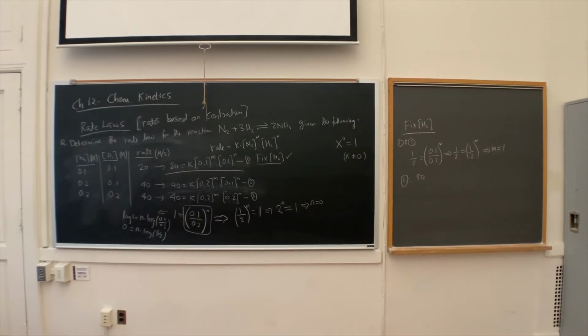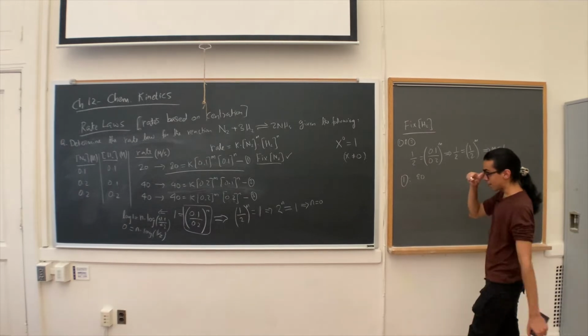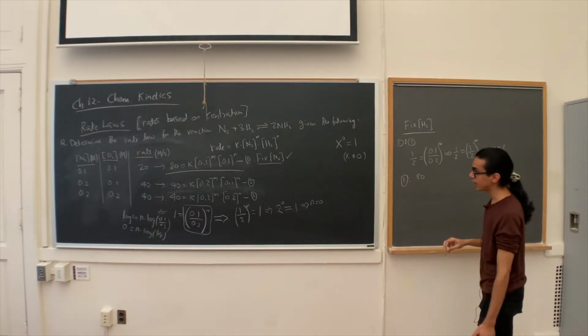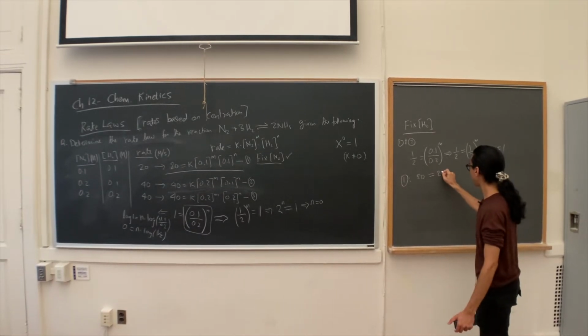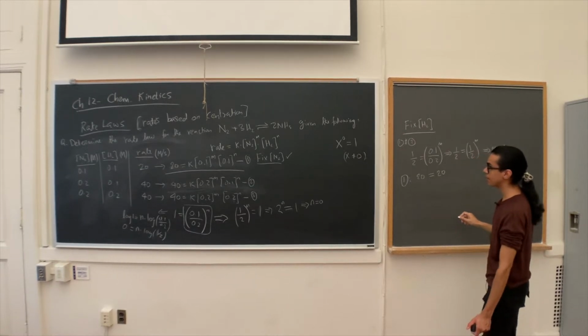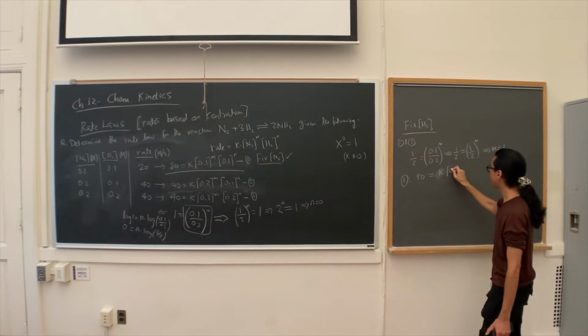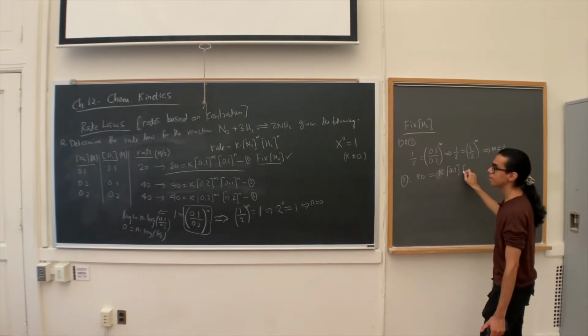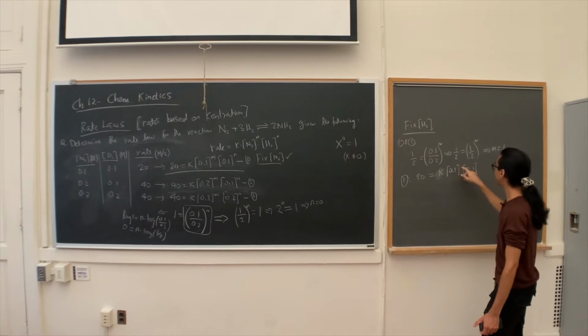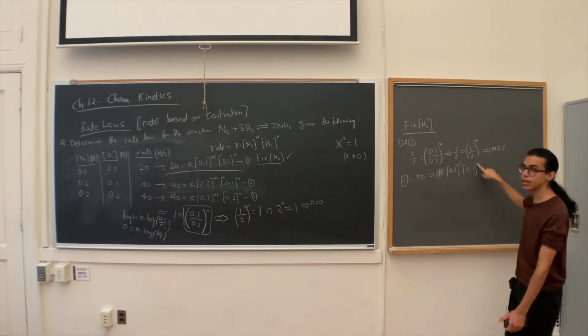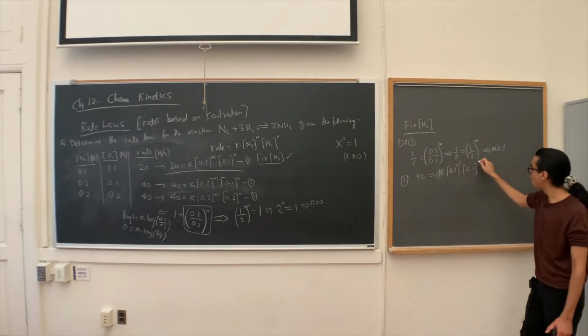Okay. All right, plugging in our information into the first equation, 20 equals k times 0.1, M we've found to be 1, and n we've found to be 0.